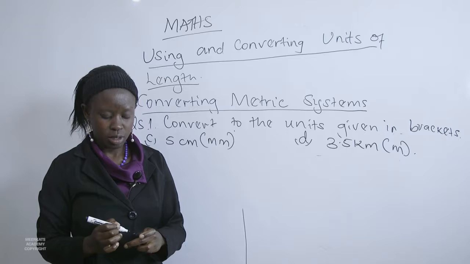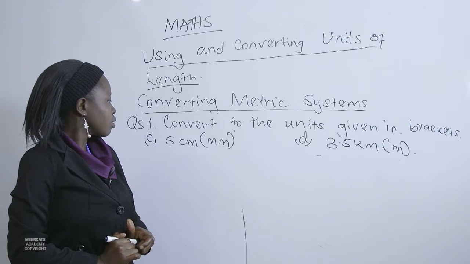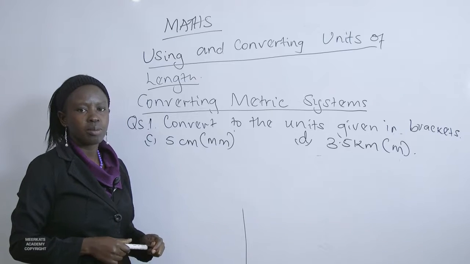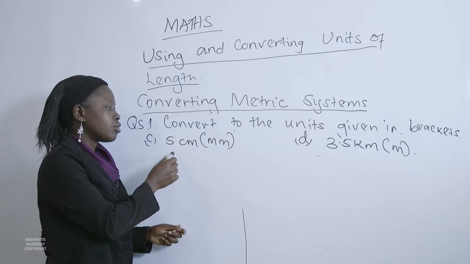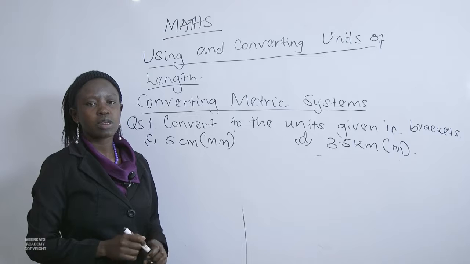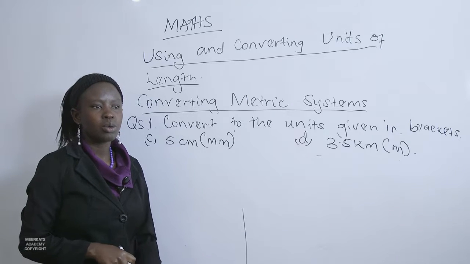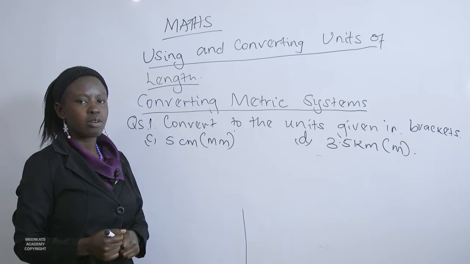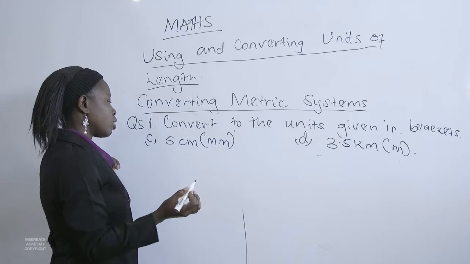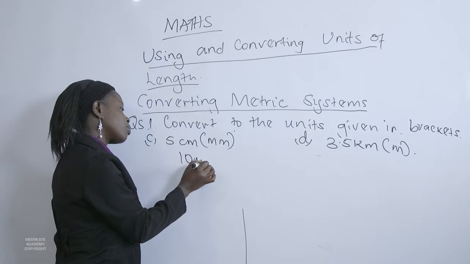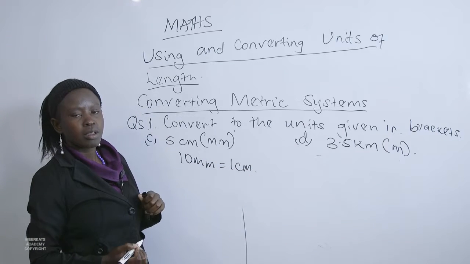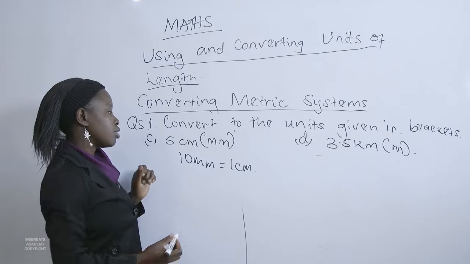So we have another part of the question. We are still converting to the units given in brackets. So we have 5 centimeters. We are supposed to convert the 5 centimeters to millimeters. What is the relationship between the two? The first thing we need to note is that 10 millimeters is equal to 1 centimeter.